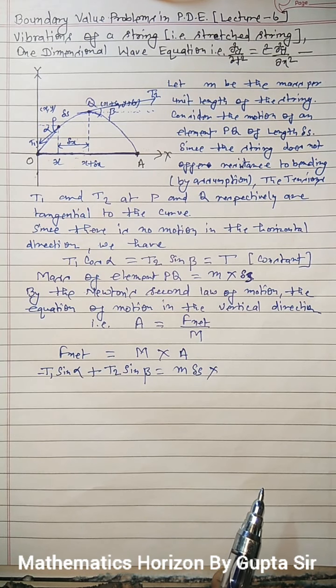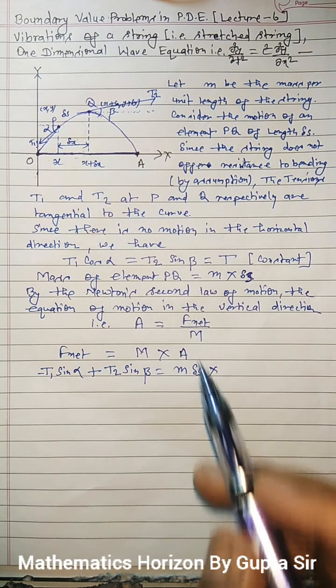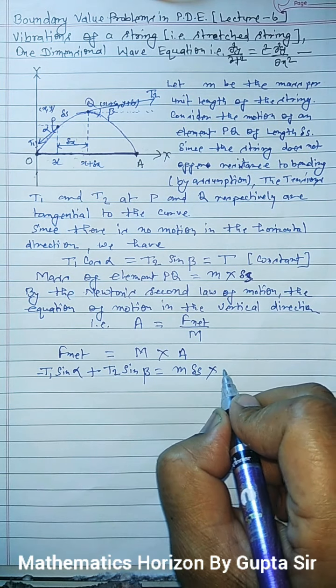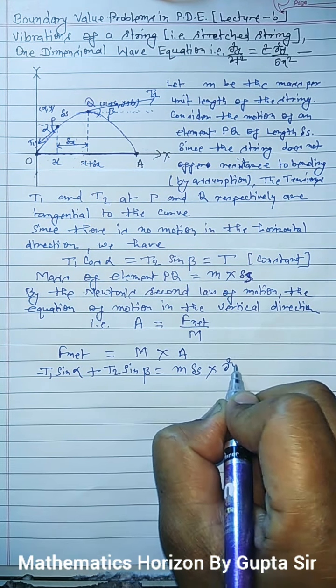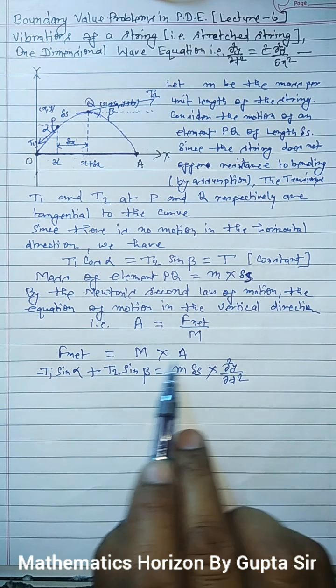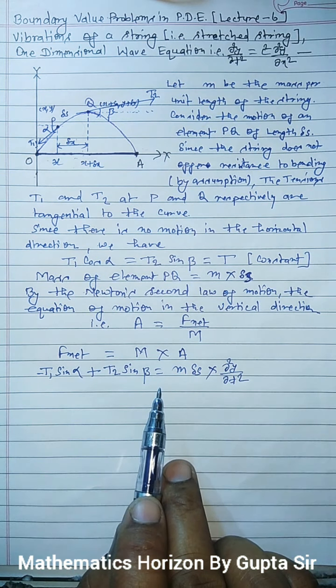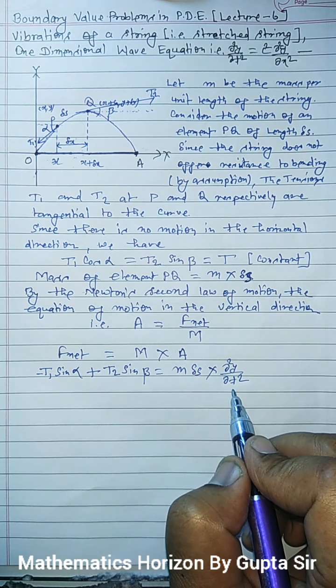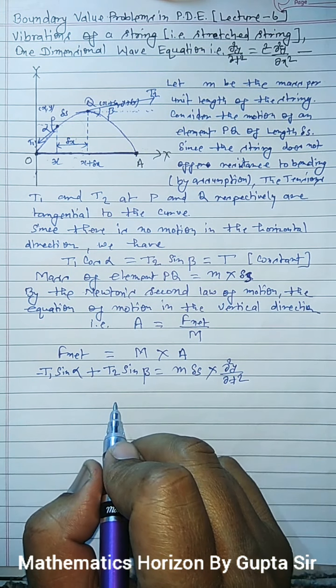The acceleration of PQ acting vertically upward will be d2y upon dt2. Here how much an object accelerates depends on the mass of the object and how much force is applied to it, meaning net force equals mass into acceleration. That is what we can write here.